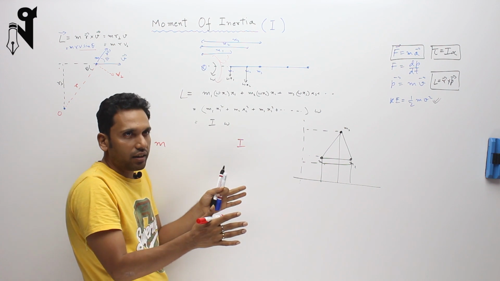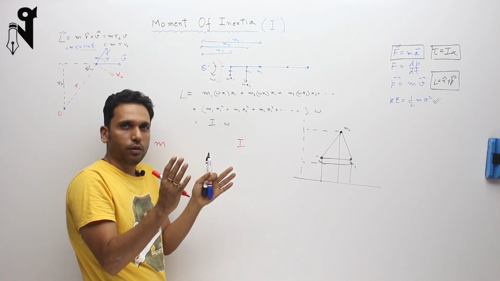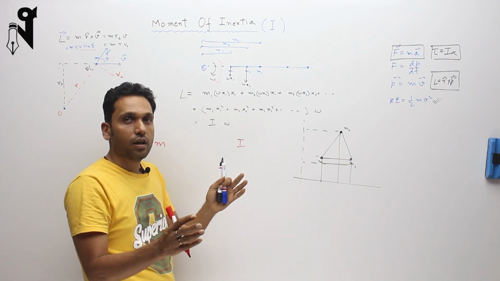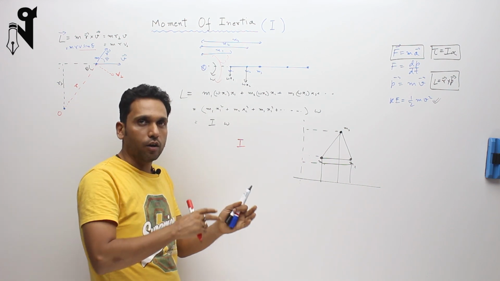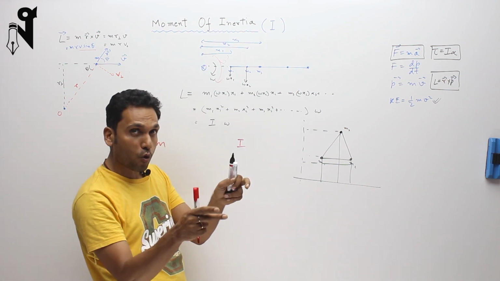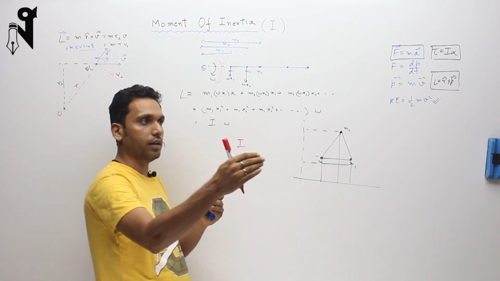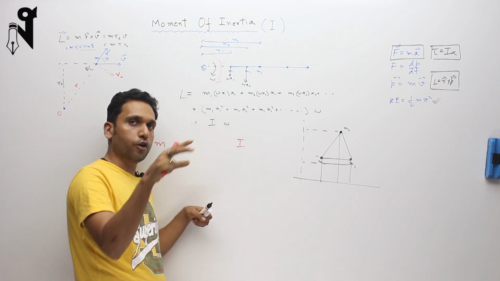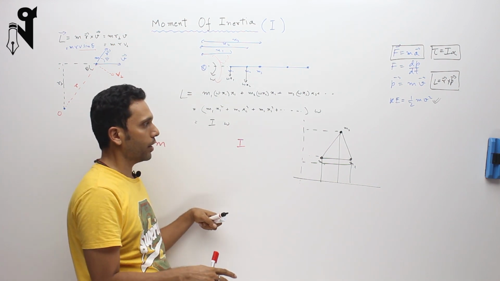The higher the I, the more the body will try to remain in its state of rotation and won't start rotating with a higher or lower angular velocity unless a lot of external torque, which is force with the distance from the point of rotation, is put on the body.